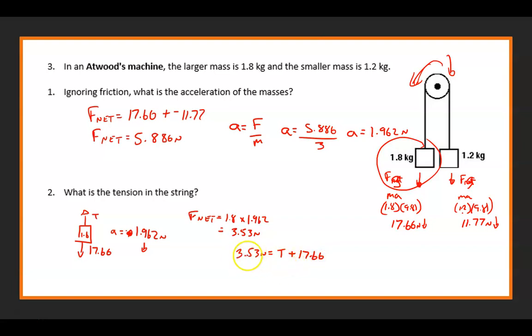Now, because we've called this net force down, we should put negatives on those. And adding the 17.66 to both sides gets you an answer of 14.1 newtons as the tension. And that will have the opposite sign of the 3.53 and the 17.66.